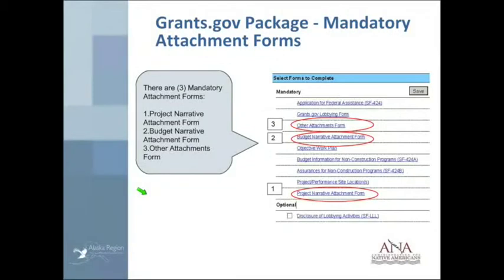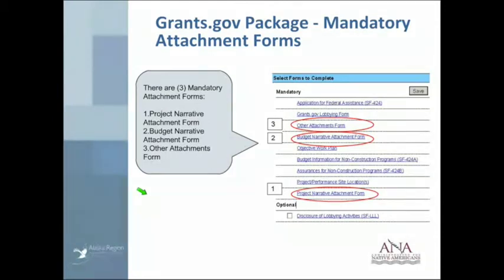But there are 3 unique forms in here that you're going to use to actually upload your written narrative, your written budget narrative, and your supporting documentation. I'm going to call them attachment forms, and explain how to use these and what goes in them, because this is where you're going to be putting your content.